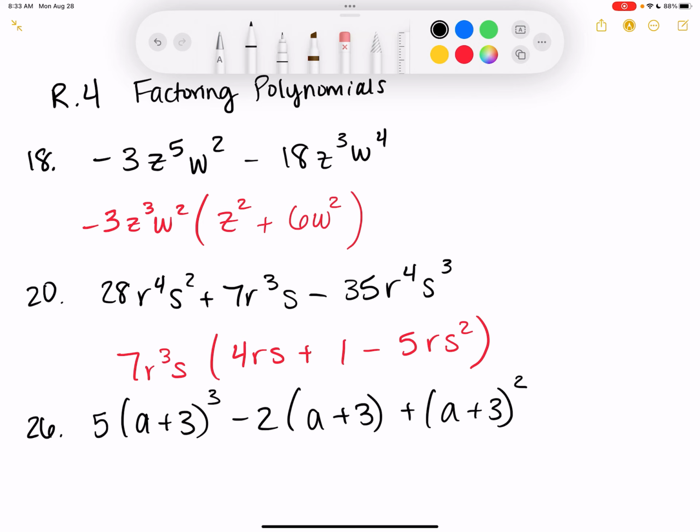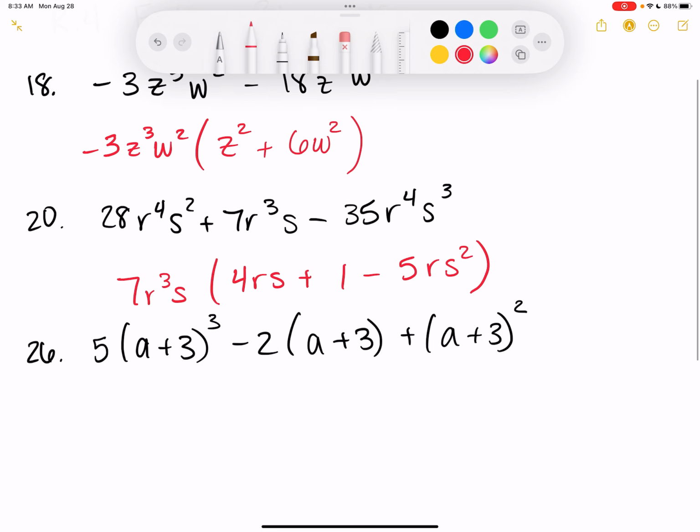What do we see in every single one of them? Yep, a plus 3. So I'm taking that out as a group. So it'll be like this. A plus 3. And we need to keep it in the parentheses because when it's getting multiplied, we want to make sure it's multiplying everything, not just the 3 through it. And then I like to do a bracket just because I think it looks nicer.